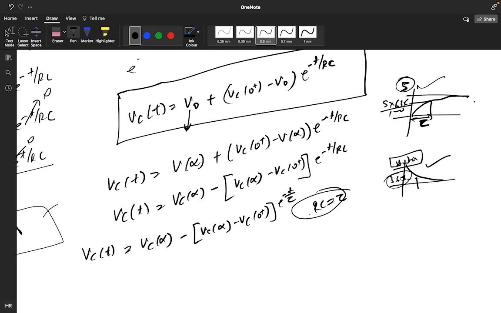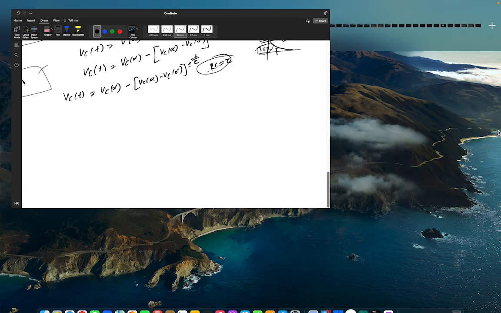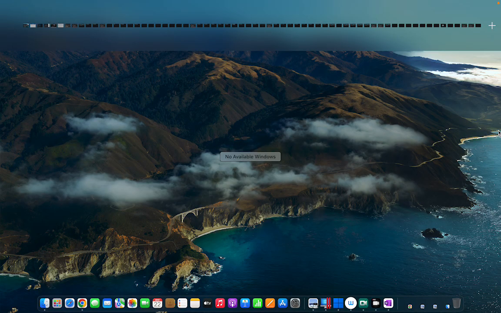So guys, just revise this formula, or remember these two formulas. If you know these two formulas, the thing is very clear for you. Just hold for a second.